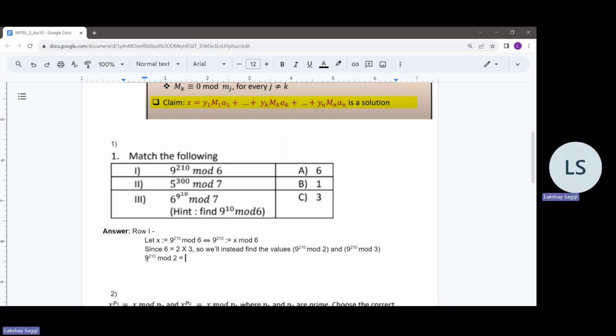If we want to find out something like 9 raised to power 210 mod 2, we know that this 9 can be written as 8 plus 1, right?